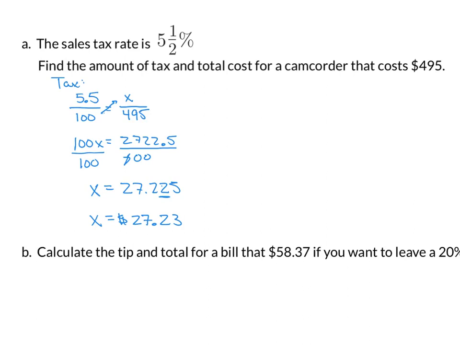Okay, the second thing we want to find is the total cost. So my total cost, we are going to take my original price and we are going to add 27.23.